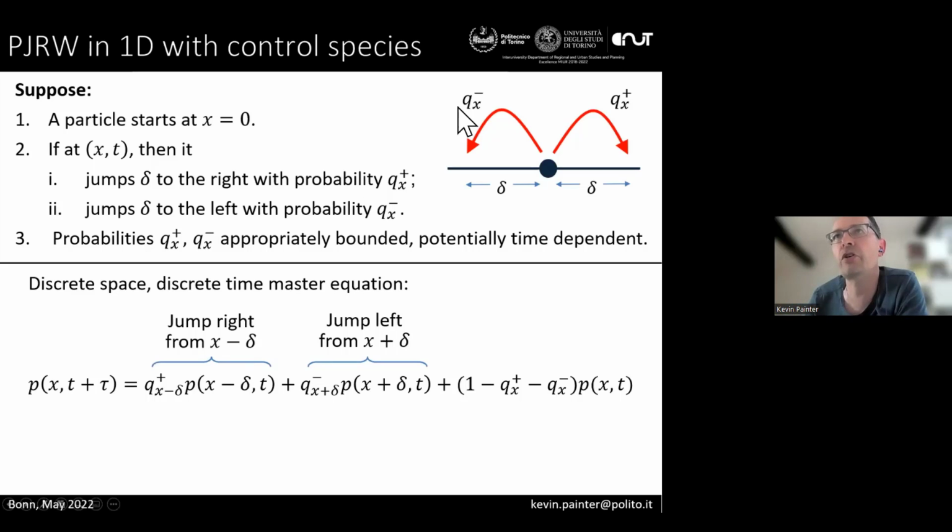But now, because it's not necessarily the case that q minus x plus q plus x sum to 1, there's also a contribution from the probability of actually staying at position x. So you've now got 3 terms on the right-hand side. Okay, but apart from that, it's essentially the same as previously.